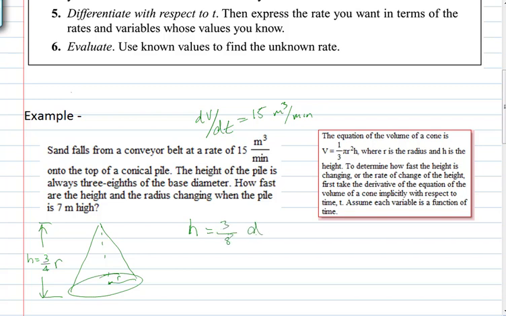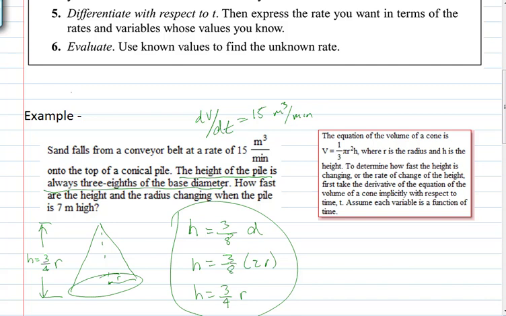The diameter is twice the radius. No, I'm right. It's 3/4 the radius. There we go. This right here came from this sentence. The height of the pile is always 3/8 of the base diameter. We okay with that? All right.